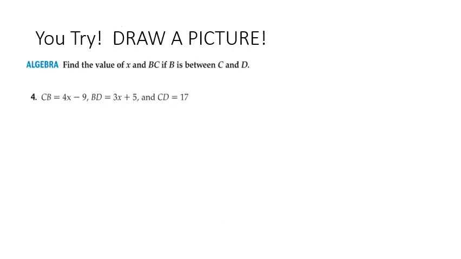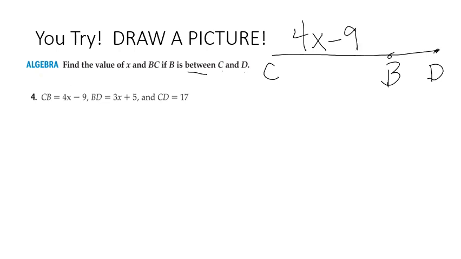Try another one. Again, please draw a picture, and remember that B is between C and D. We'll pause the video here while you try it out. So what we'll do is we'll draw a segment with a C and a D and a B. CB is 4x minus 9.